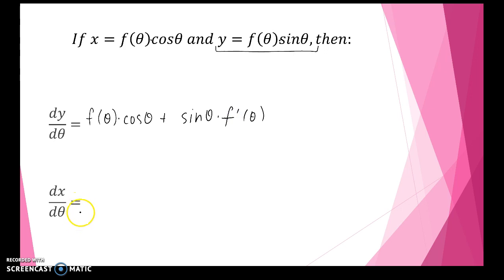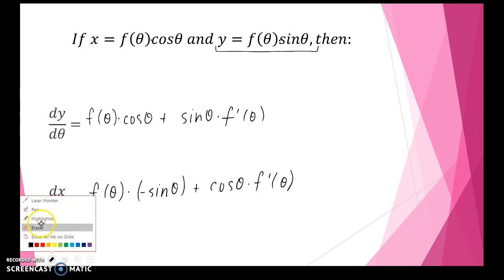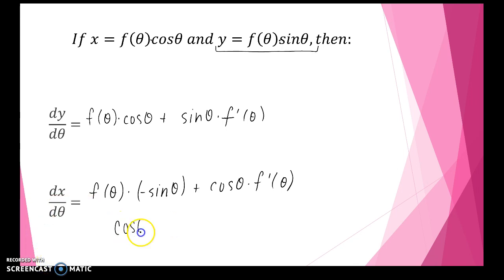And then for dx/d theta, first times the derivative of the second, plus second function times the derivative of the first function. Now you'll see on the next slide: cosine theta times f prime of theta minus sine theta times f prime of theta.